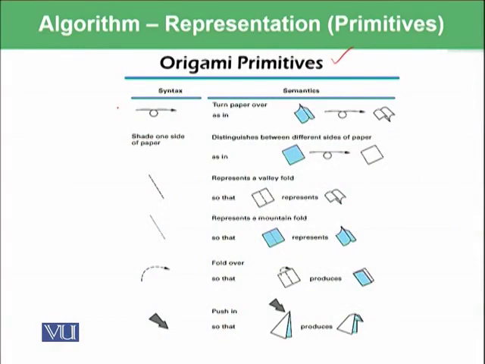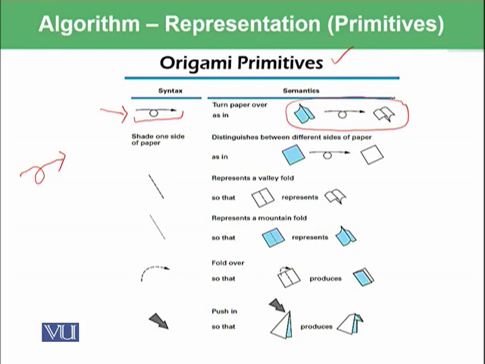So for example, if we see this diagram of origami primitives, it has some primitives like this one, the syntax is here and the semantics is here, that whenever you write this thing, this means turn paper over, as in like this. So this is shown with an example.